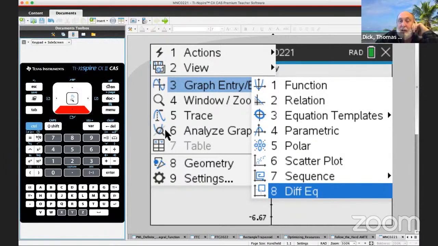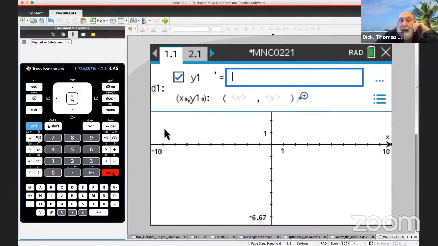So you're not going to see slope fields on this menu, but that's going to be the differential equation plotter. Okay. And we see that it's got the y1 prime equals. And so this is where I want to put in the expression for dy dx.